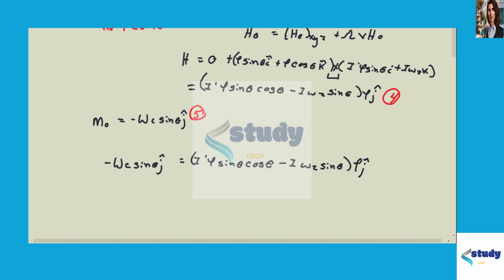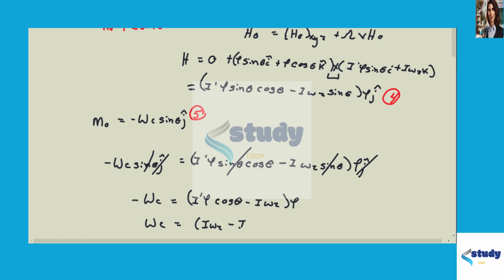Okay, there we go. And it looks like what cancels here is the sine and the j component. So we have W C equals I phi cosine theta minus I z theta. And now we have C equals I z minus I theta cosine phi cosine theta phi.